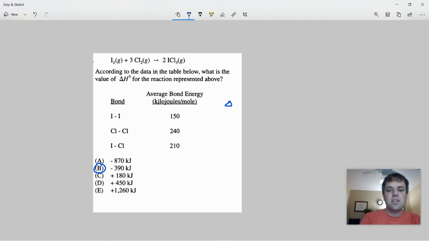Delta H equals bonds broken minus bonds formed. The bonds we have to break are an iodine-iodine bond, so that's 150, plus we have to break 3 chlorine-chlorine bonds, which is 3 times 240. And then we have to form iodine chloride bonds. In each ICl3 are 3 iodine chloride bonds, and we're making 2 of them, so we're making 6 of them.